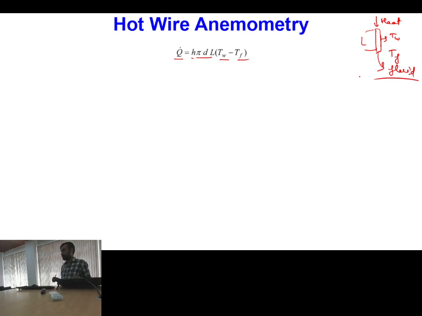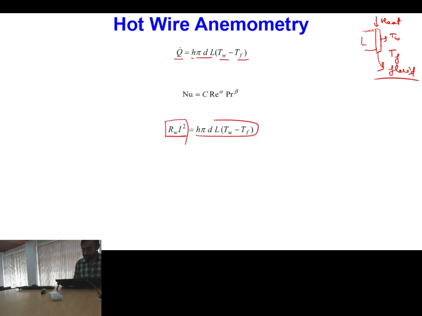In that case, the electrical power we are supplying, I squared R_W, where R_W is the resistance of the wire, will be equal to the rate of heat transfer. Under this condition, my wire can be maintained at constant temperature. Is this point clear?